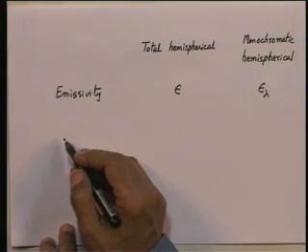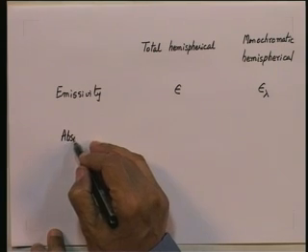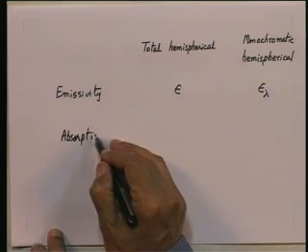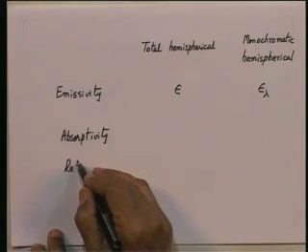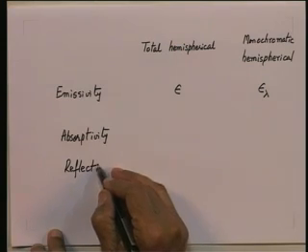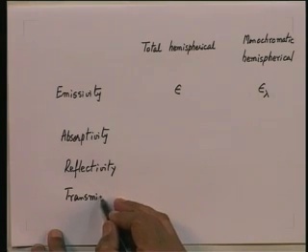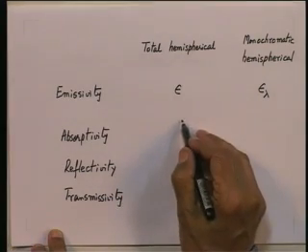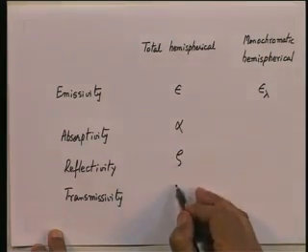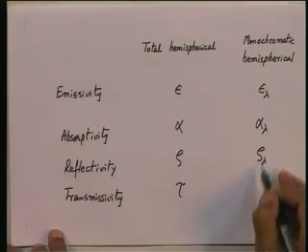Then this is with respect to emitted radiation. Then with respect to irradiation, we have defined three quantities: absorptivity, then reflectivity, and transmissivity, which we call alpha, rho, tau, alpha lambda, rho lambda, tau lambda.